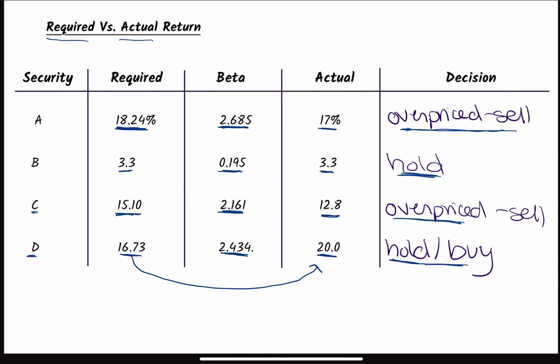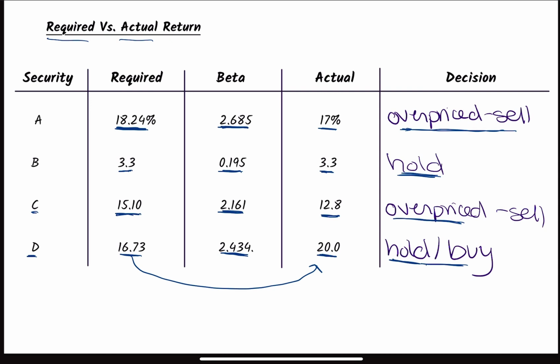Okay, so this is just how to determine how risky a stock is, how risky a portfolio is, if we're going to hold the stock, if we're going to get rid of the stock, how to calculate the risk based on the portfolio, based on each stock, and the betas.